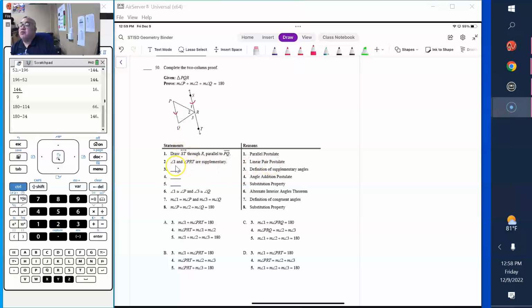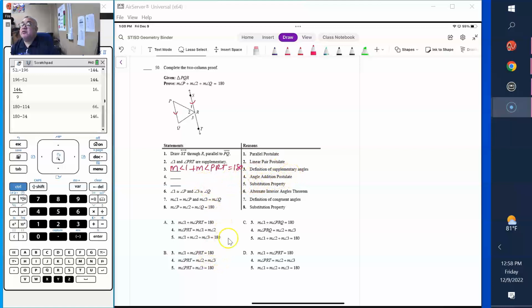Okay, so we have angle 1 and angle PRT are supplementary because they're a linear pair. So what are we going to write? The measure of angle 1 plus the measure of angle PRT is equal to 180, because they're supplementary angles.